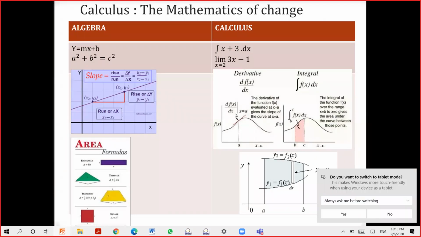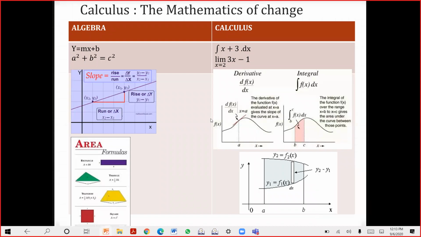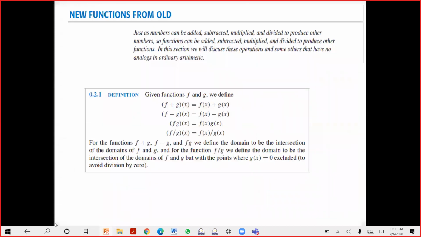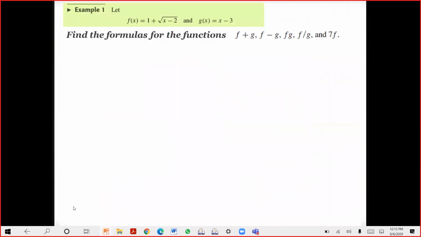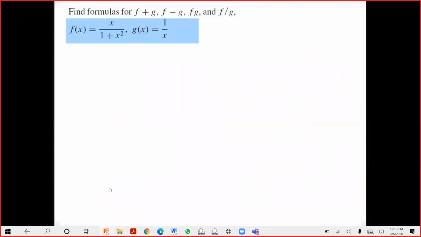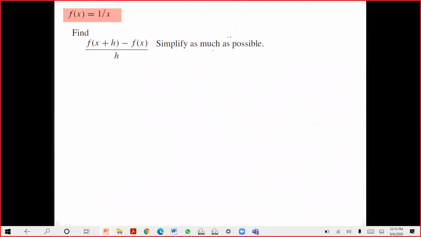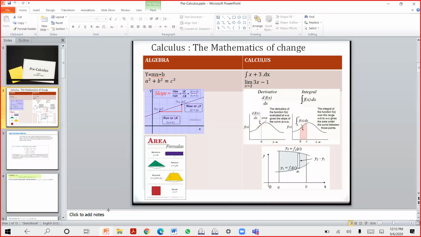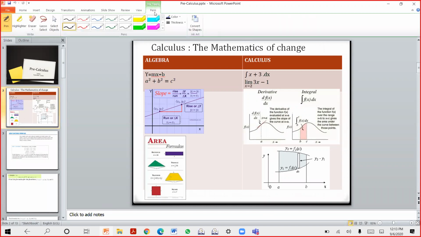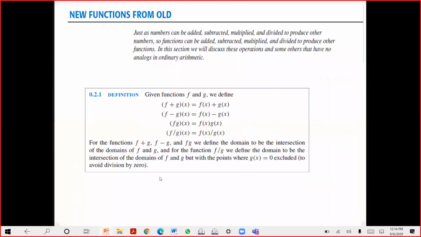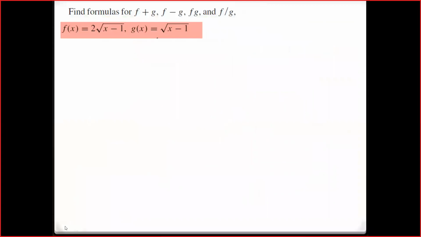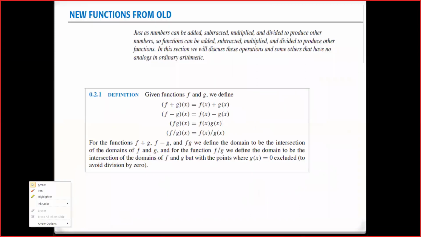So in calculus, we deal with change, as you see here. Now, let's start with new functions from old.